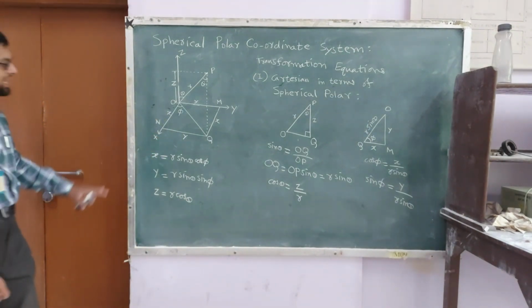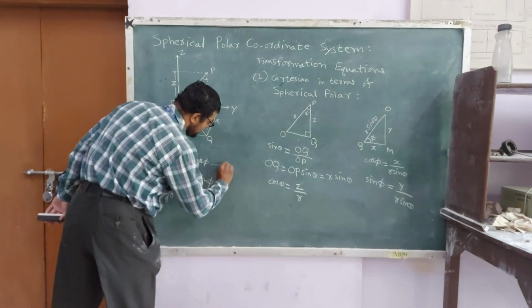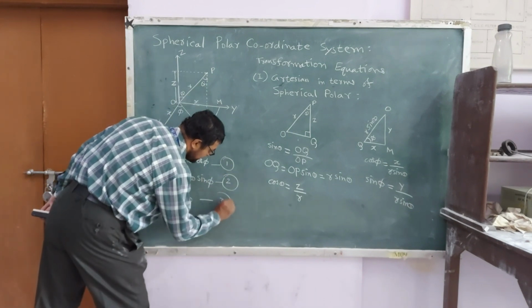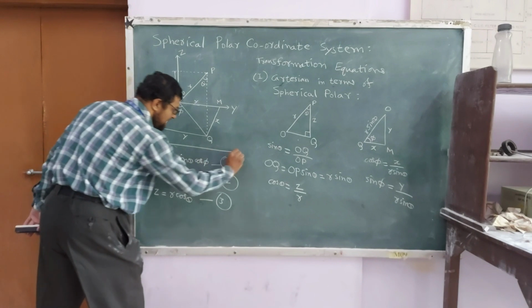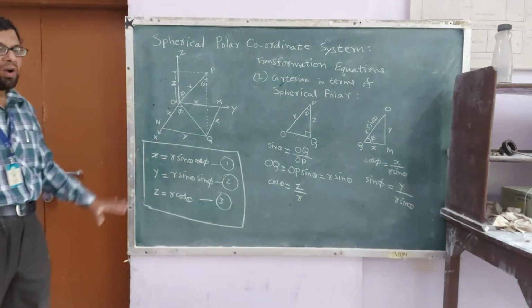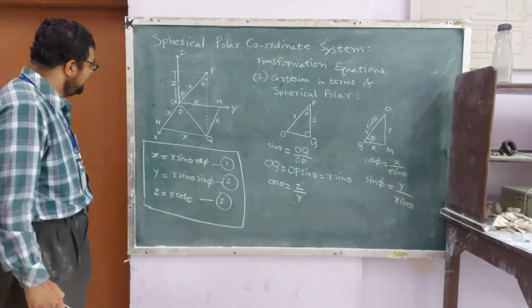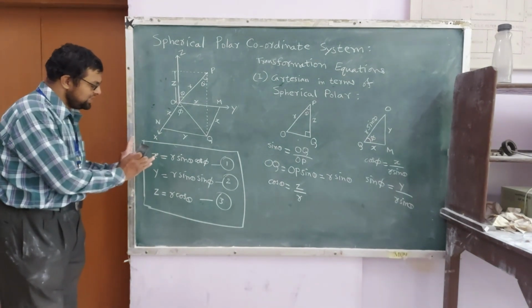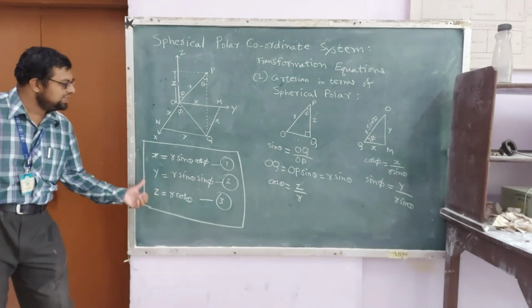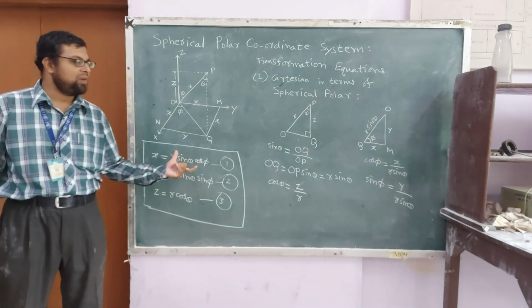So these are the three equations we have: equation number 1, equation number 2 and equation number 3. These three equations are very important. They will be required at so many places. They give Cartesian coordinates x, y and z in terms of r, theta and phi.